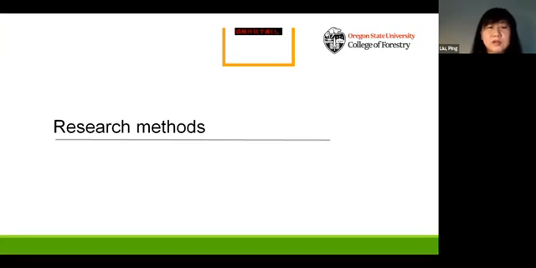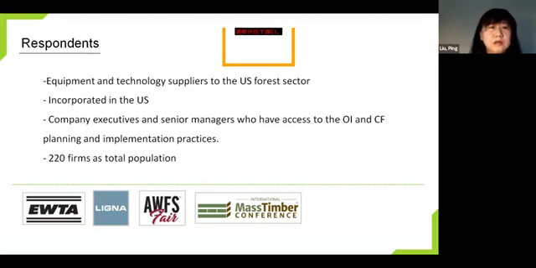Here's the research method. My respondents are equipment and technology suppliers to the US forest sector, and they are incorporated in the US. And these respondents are identified from the EWTA supplier list and the exhibitor list of 3 important trade shows in the industry: LIGNA, AWFS, and IMTC.